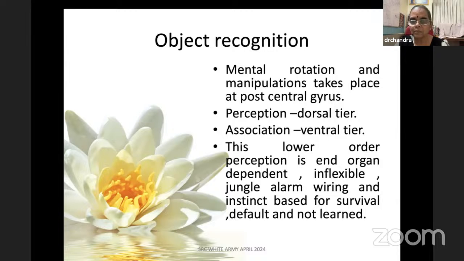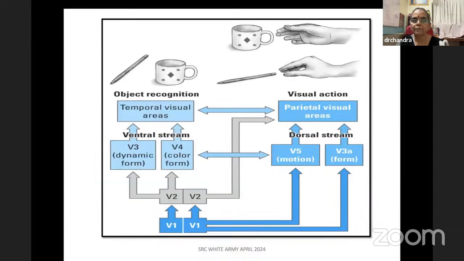This is inflexible, hardwired, instinct based for survival, default and not learned. So this lower level of processing, color, shape, categorization and 3-dimensional rotation is uniform for everybody. But what is the meaning you get out of that is unique to each individual.